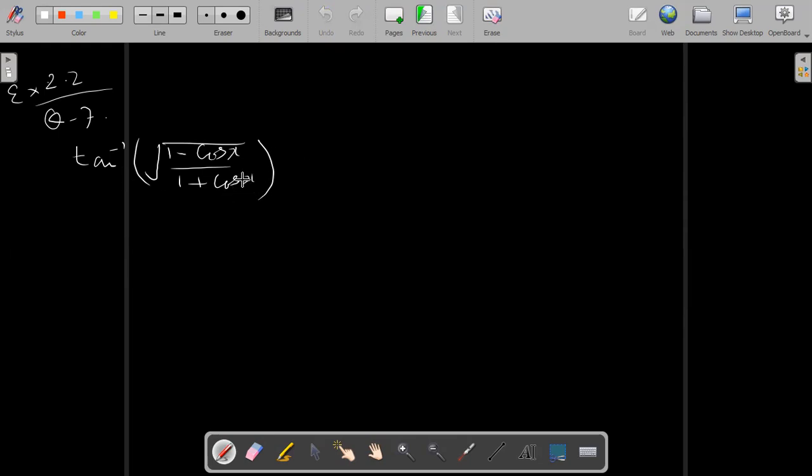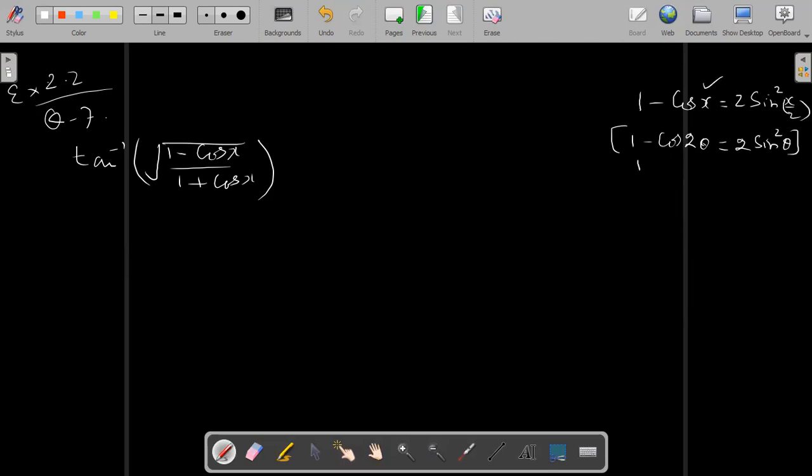You should remember that 1 minus cos x is equal to 2 sin square x by 2. This comes from 1 minus cos 2 theta equals 2 sin square theta, but here it is converted into half angle, so x is converted into x by 2.